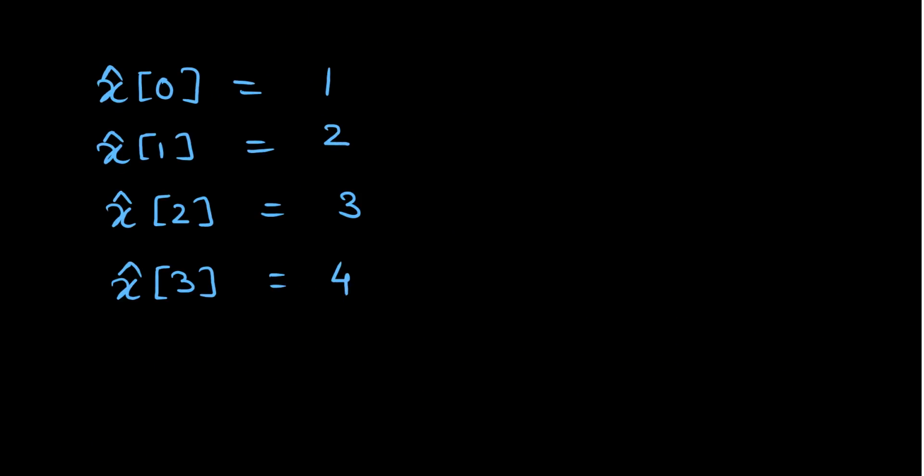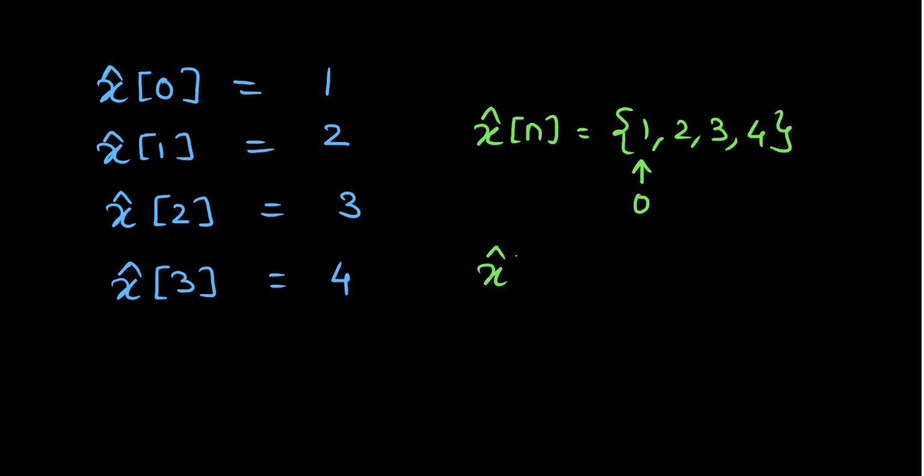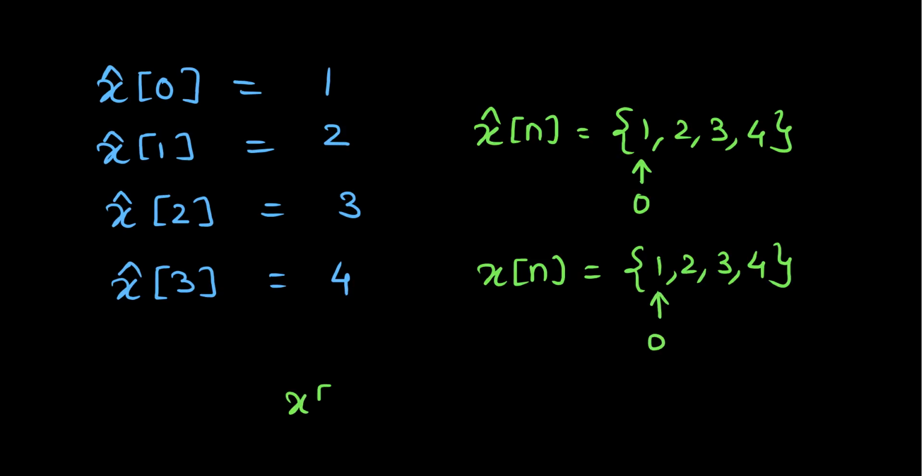So x hat of n is equal to 1, 2, 3, 4, where this 1 is located at n equal to 0, and if we observe our original signal x of n, it was given as 1, 2, 3, 4, where this 1 was located at 0. So this x of n is equal to x hat of n.